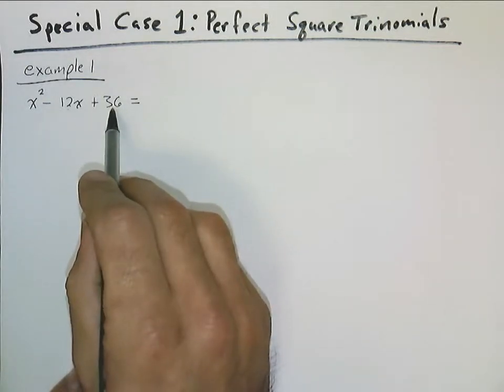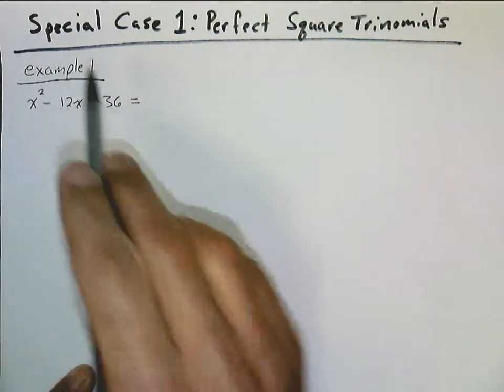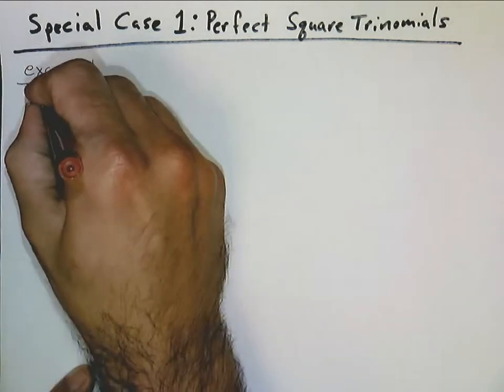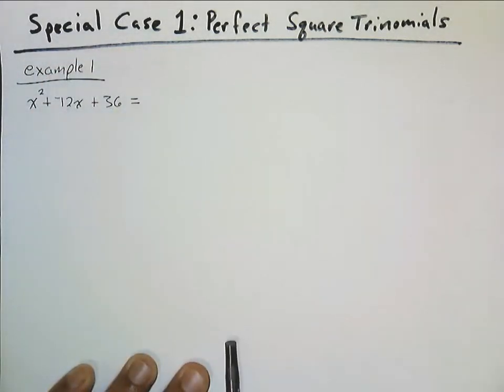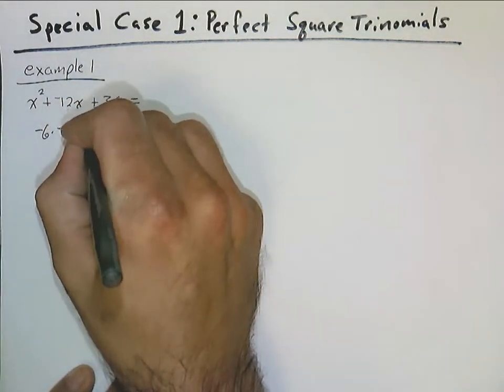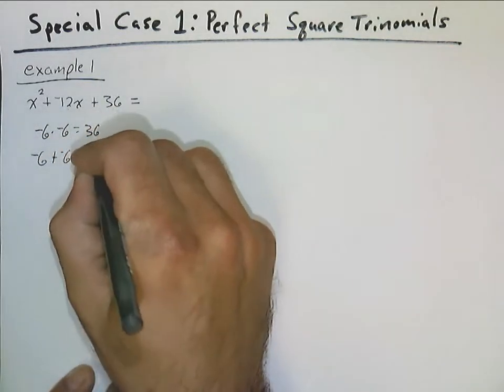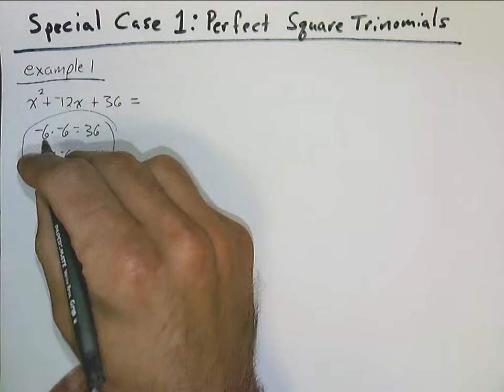If we needed two numbers that multiply together to give us 36, but add together to give us negative 12, because subtraction is actually adding the negative, well, that's great. Negative 6 times negative 6 is equal to positive 36, and negative 6 plus negative 6 is equal to negative 12. Those are the numbers that we want.